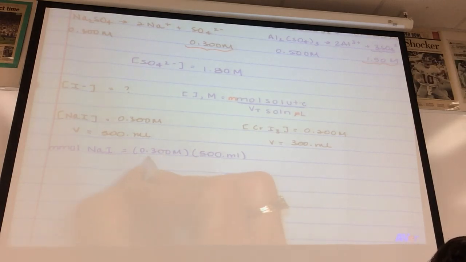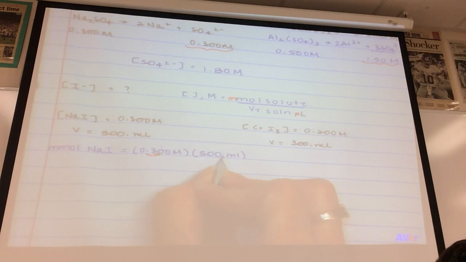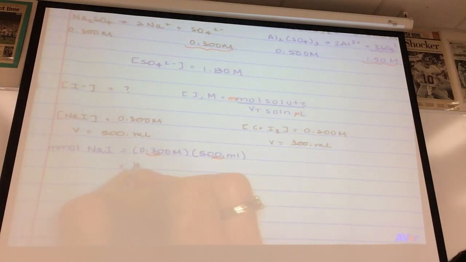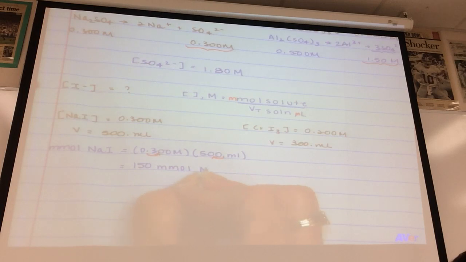I always did this. I hate decimals. I move this one to the right. I move this one to the left. 3 times 50 is? So that's 150 millimoles of sodium iodide.